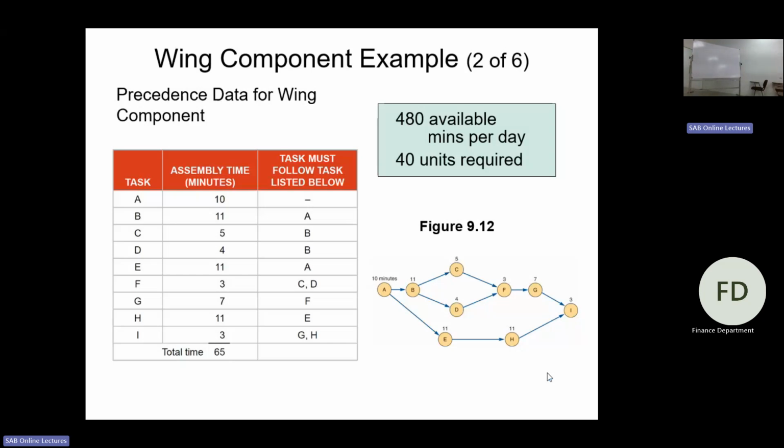Let's take 15 to 20 minutes maximum to understand the remaining part of this. Because I remember we couldn't complete the last steps of the line balancing technique with your group.